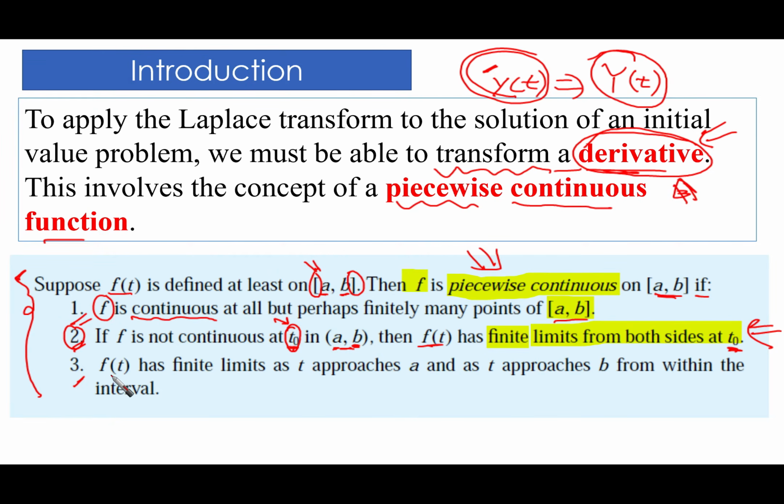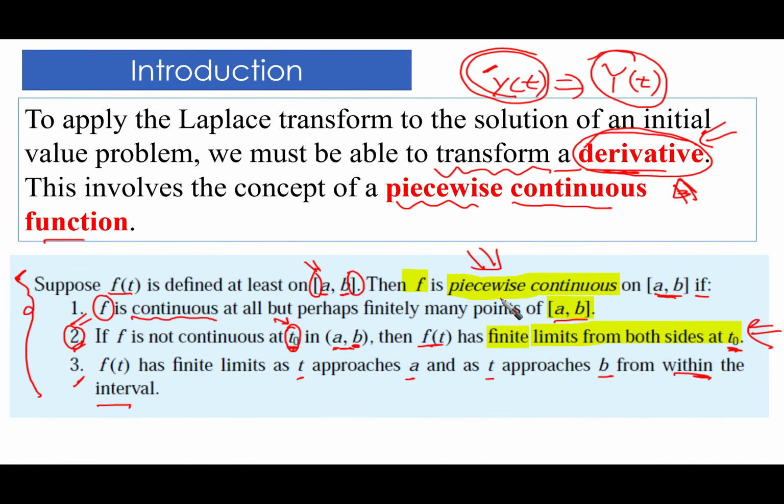And f of t has finite limits as t approaches a and as t approaches b from within the interval. So this one is related to approaching the limits of the interval from within the interval.